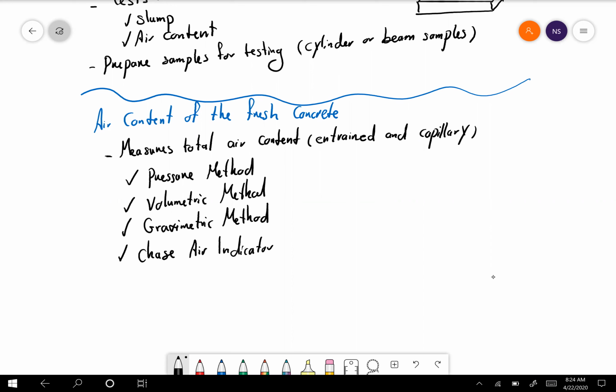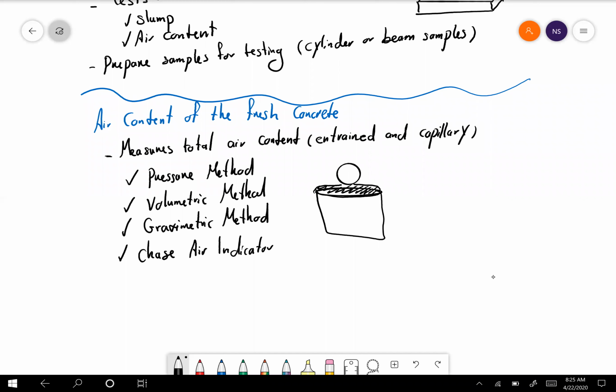Most of the time the most regular test is that there is a container that you pour the fresh concrete inside, and there is a lid that you put on the container, and there's a pressure meter on the container.